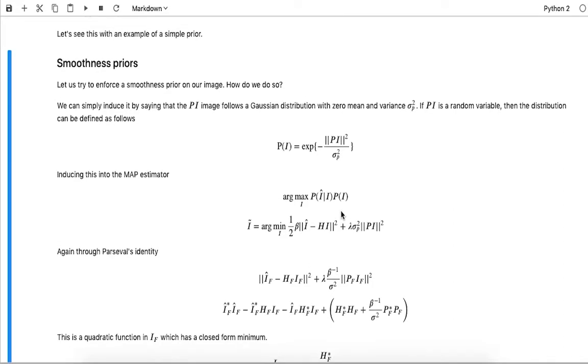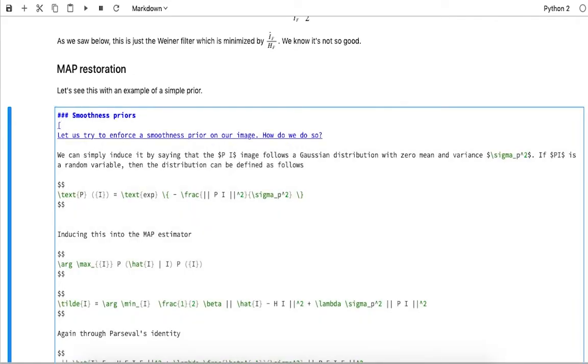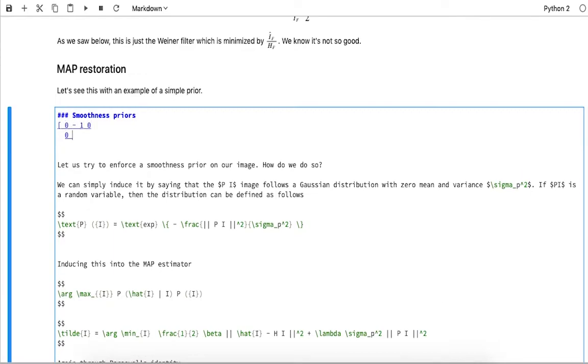Okay, it looks something like this. Let's say this is my kernel.